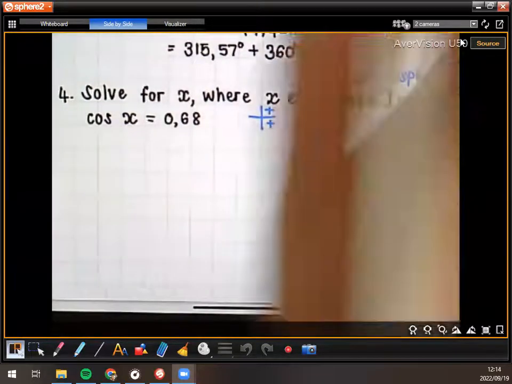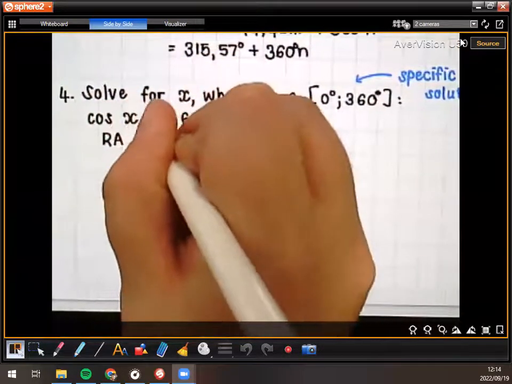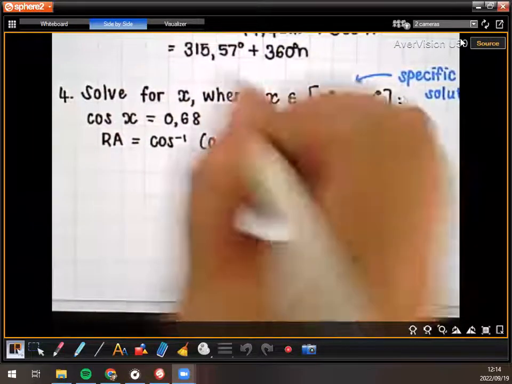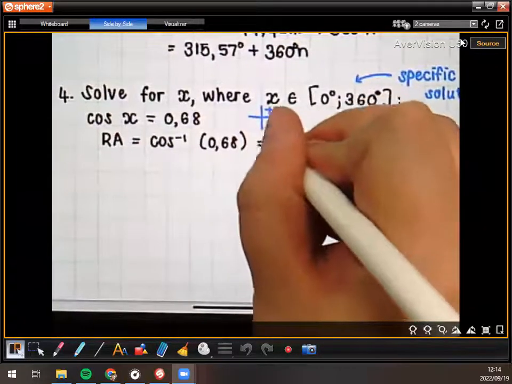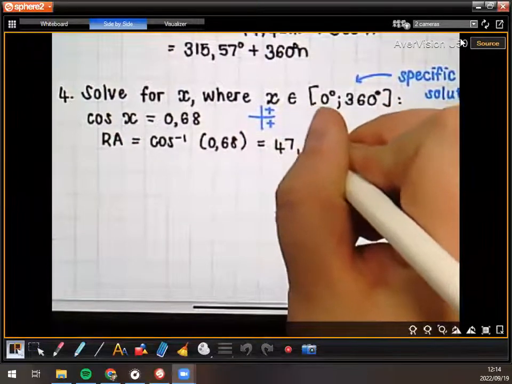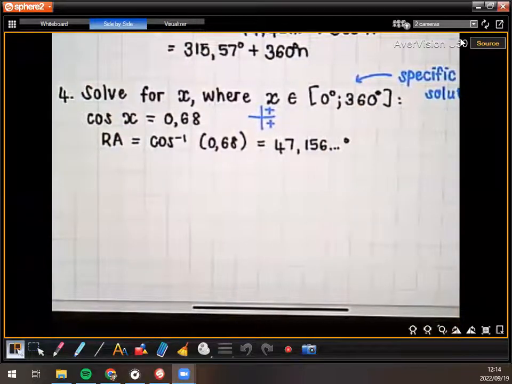Okay, so let's find our reference angle. RA is going to be shift cos of 0.68. I'm going to write it on the side here because I'm running out of space. So it's 47.156. So you can round it off to 47.16 if you want.